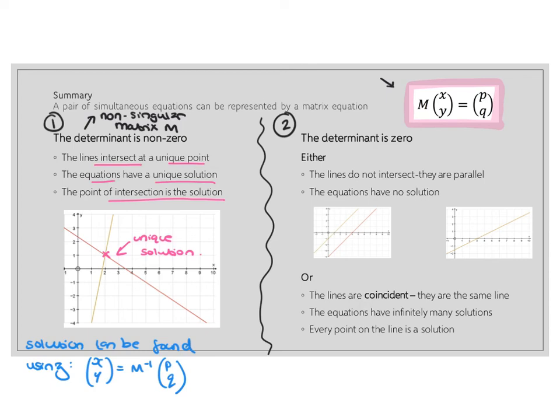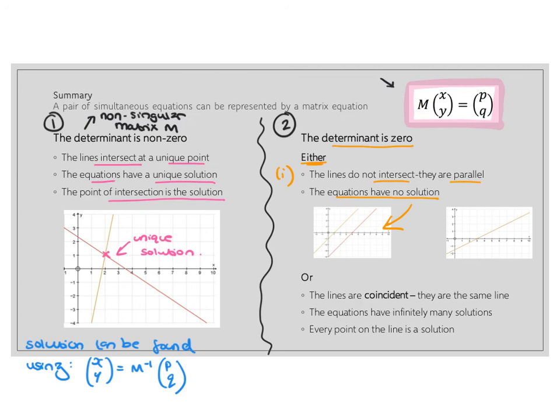Now, if the determinant is 0, we've got two possible case scenarios. So either the lines do not intersect, they are parallel, which means the equations have no solution. You can see that over here with the parallel lines.